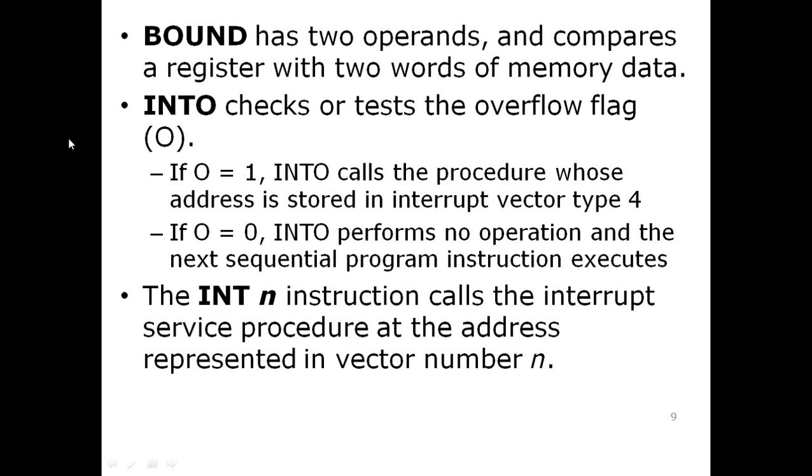So for example, INT 4 would access the interrupt vector number 4 from the interrupt vector table, and then that interrupt vector number 4 has 2 bytes of offset address, which would be loaded into the instruction pointer, and 2 bytes of the segment address, which would be loaded into the segment register and would provide the starting address of the segment where the interrupt procedure is defined, and the offset address would provide the address of the first instruction of the procedure.